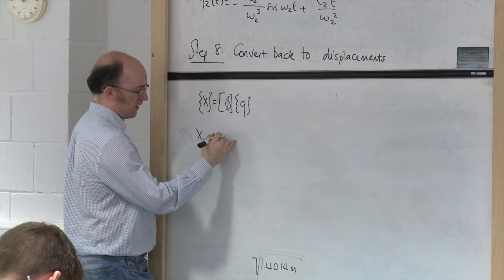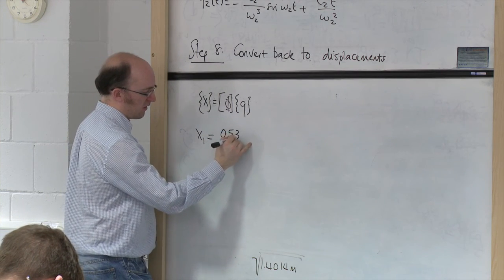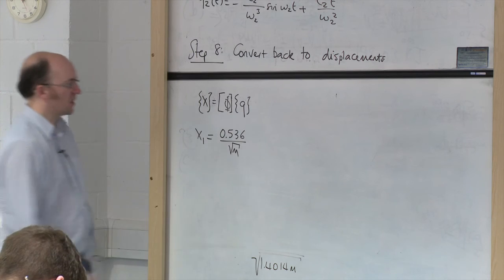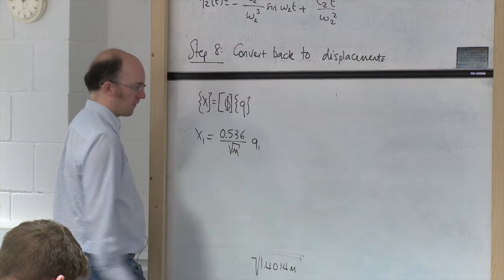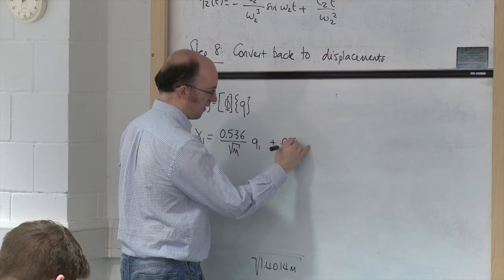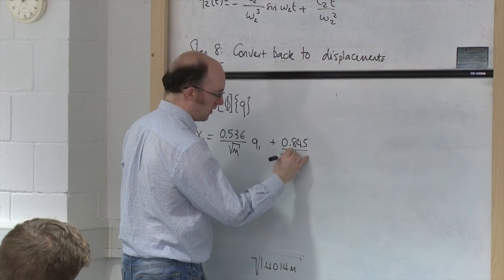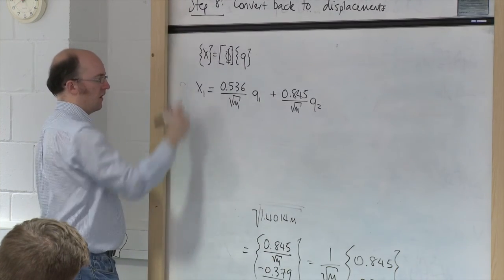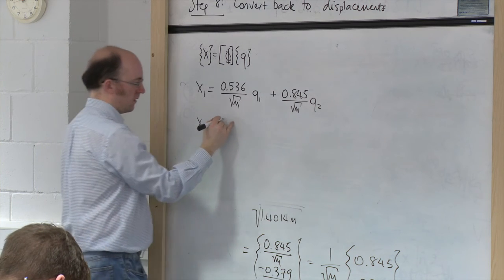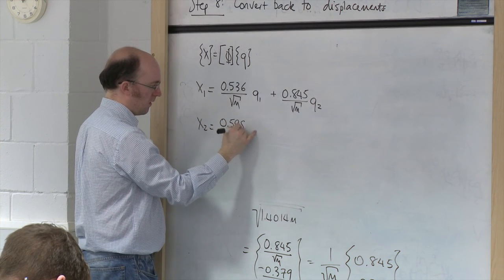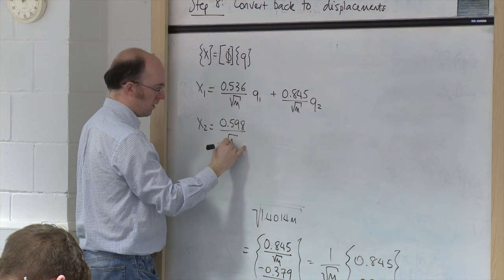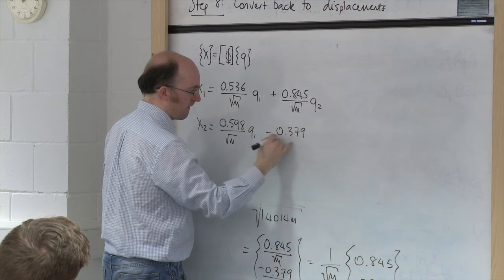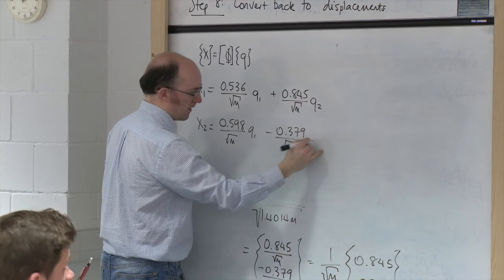We've got 0.536 root m times Q1 plus 0.845 Q2, the next one.